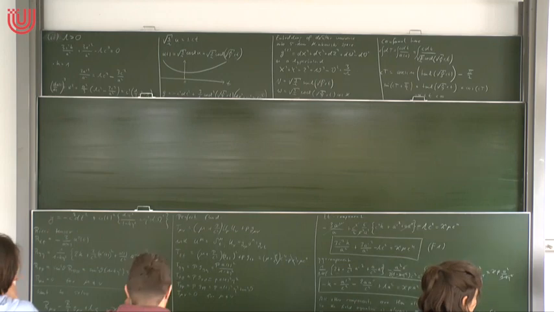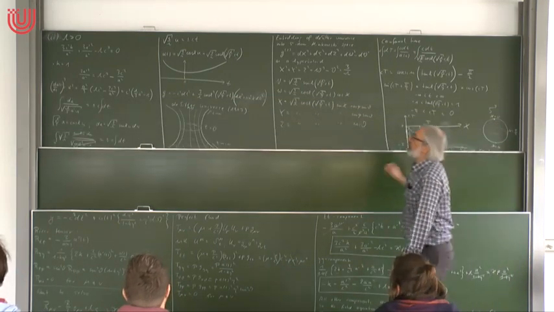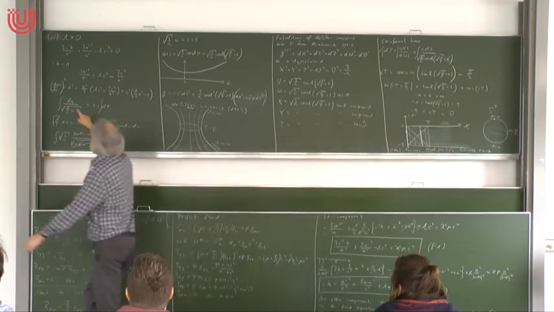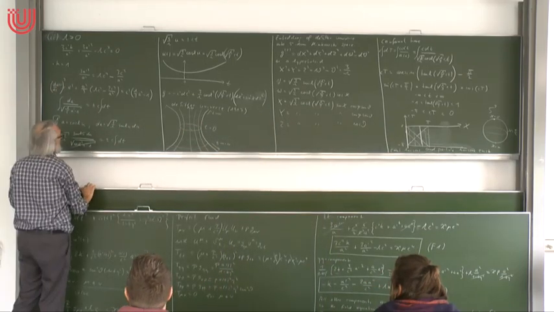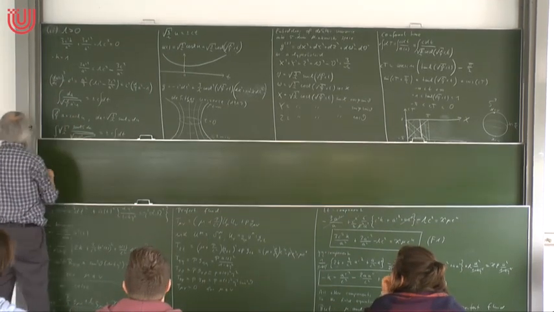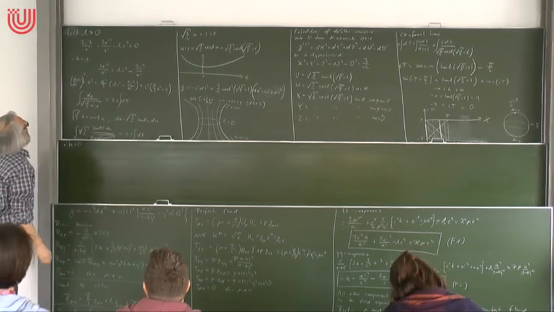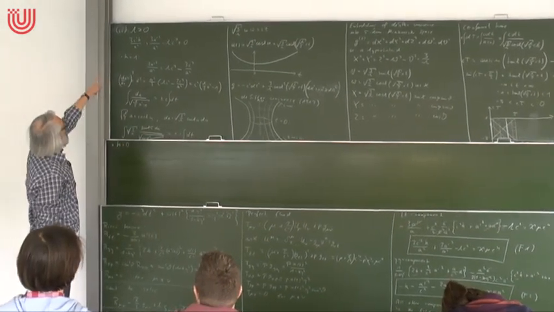Okay, so we are discussing vacuum solutions with lambda positive. It's still written up there. And we have discussed the case k equal plus 1. So let's now do the case k equals 0, where the differential equation is up there.